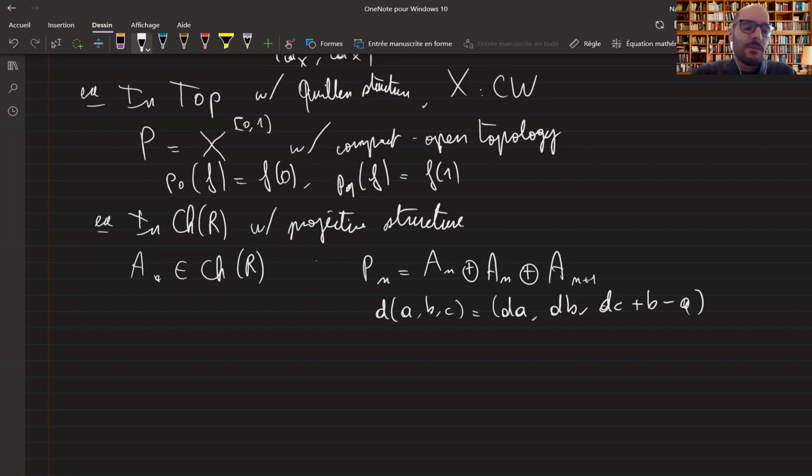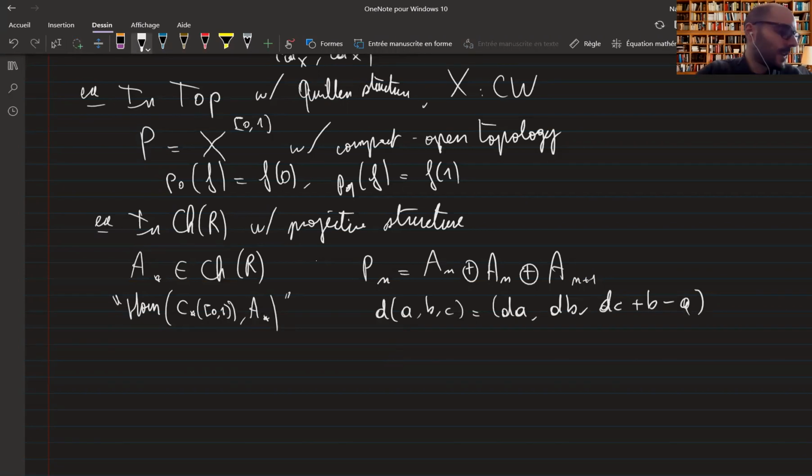The idea is the same. You can think of this as the hom of chains on the interval to A star, reduced chains, whereas before it was the tensor product of A with the chains, right?